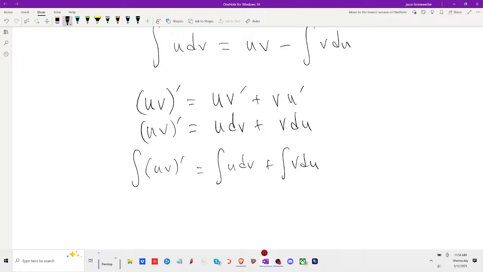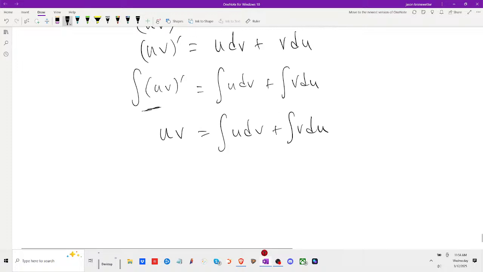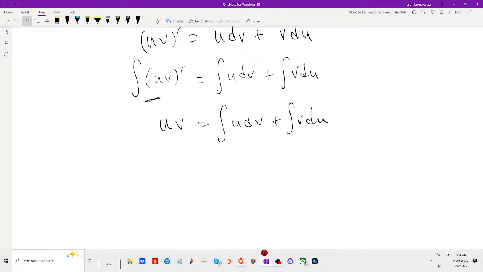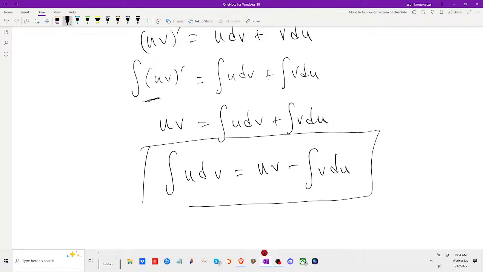Okay, and then right here we have the antiderivative of a derivative, so you just get back what you started with. And now this is where we get our formula. If you solve for the integral of u dv, then that's equal to uv minus the integral of v du. Okay, and that's our integration by parts formula.